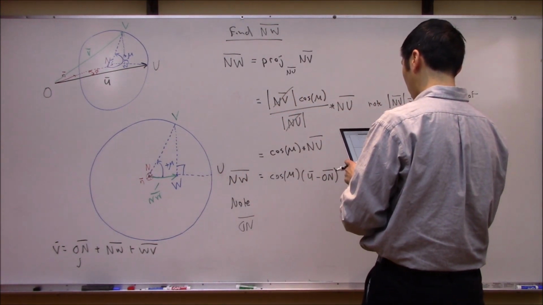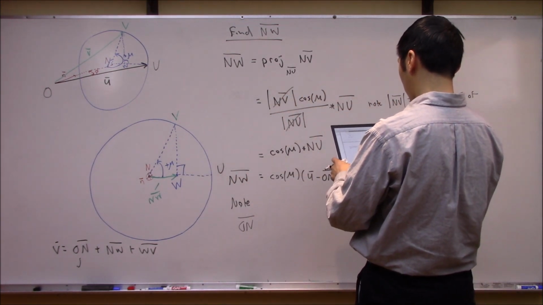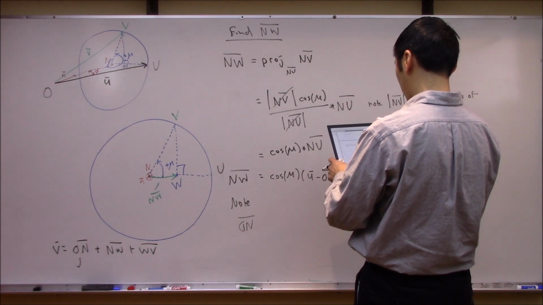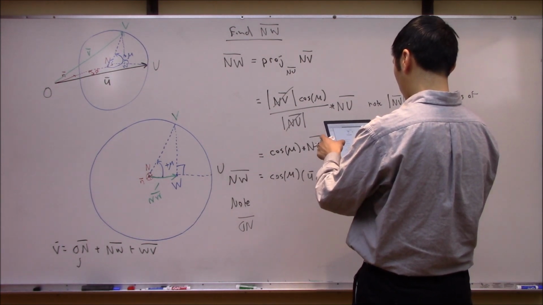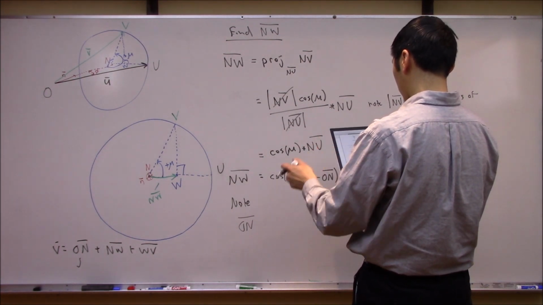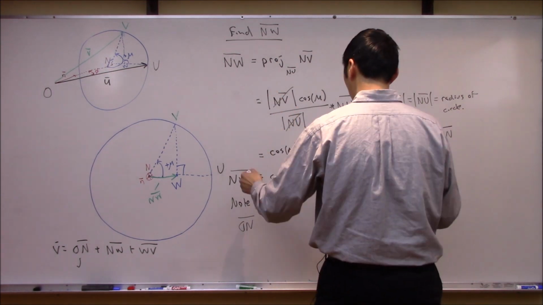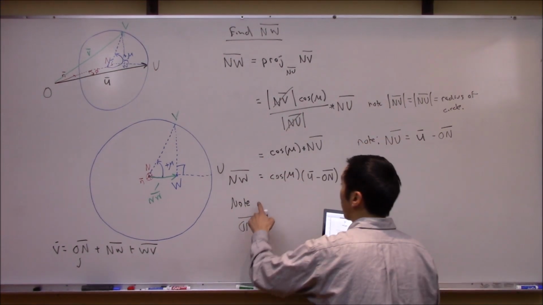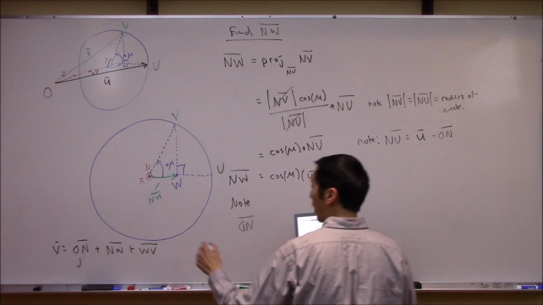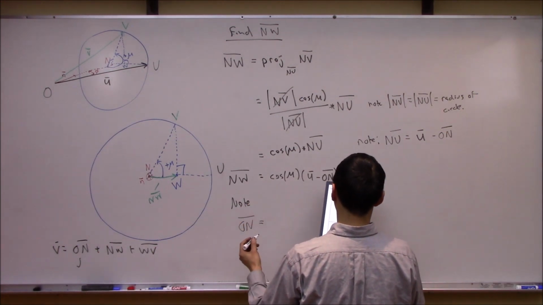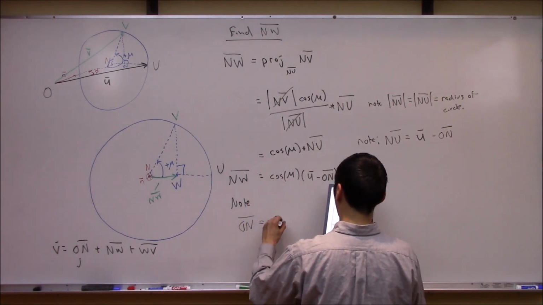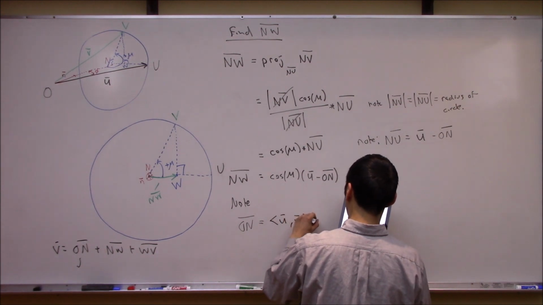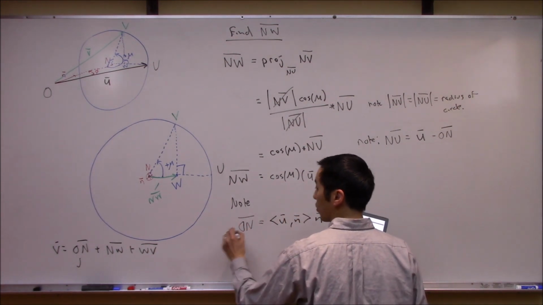And actually, wait a second, didn't we already? Sorry, we just did that. Oh yeah, actually, sorry, this was what we did. So we did this earlier, when we were solving for ON. We already said that ON was the inner product of U and N times N here, right? That's what we just did earlier, okay?